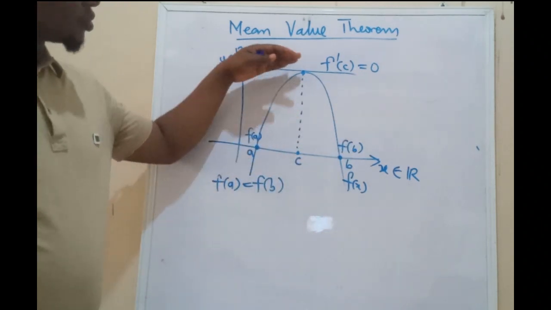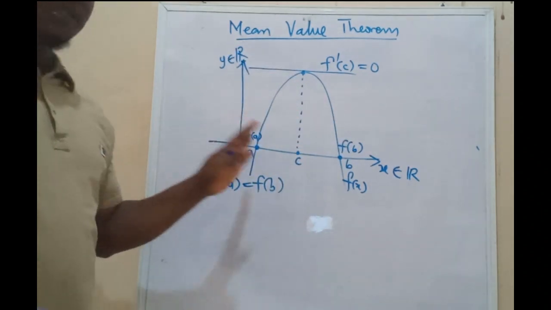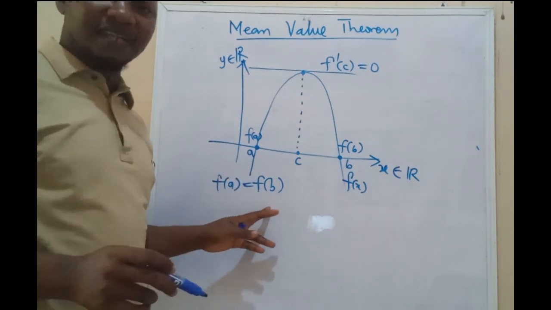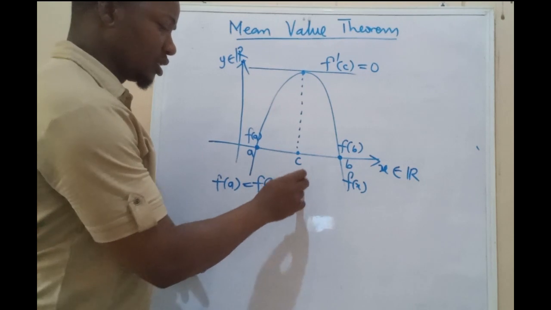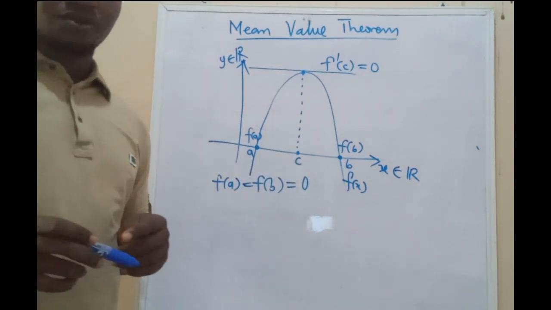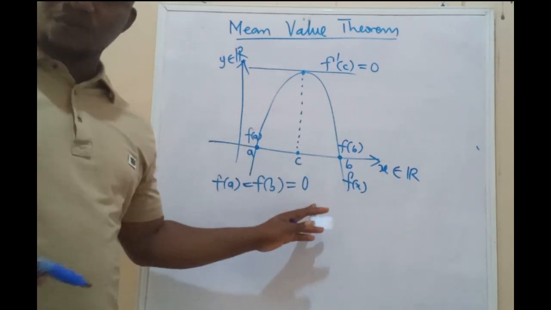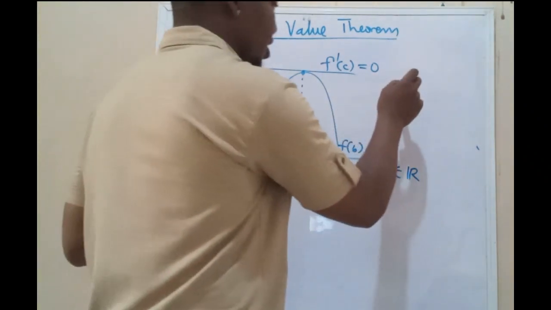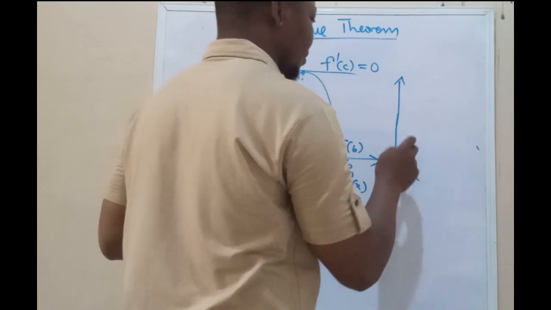As you can see, this is one way, because here f of a and f of b are the same, and of course they are equal to 0. Even if they are not equal to 0, the concept still remains. So let us give you a quick graph about that.